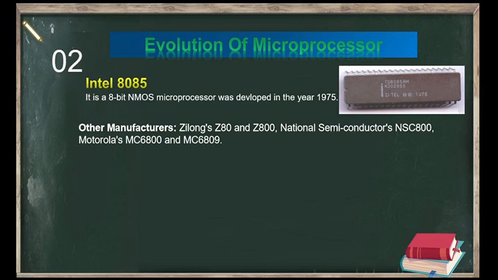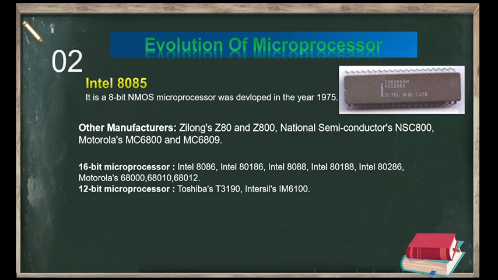Generally, the memory addressing capacity of 8-bit microprocessors is 64 KB. The clock frequency for most 8-bit microprocessors lies in the range of 1 MHz to 6 MHz. The 8-bit microprocessors use LSI technology and contain 5,000 to 10,000 transistors.